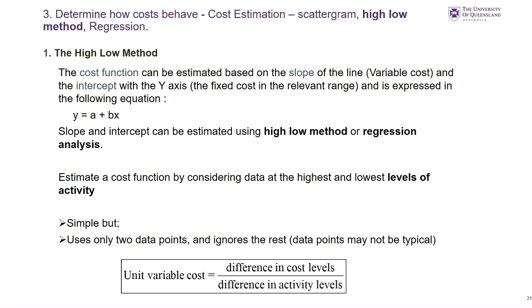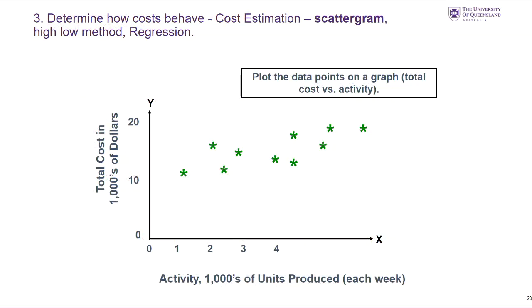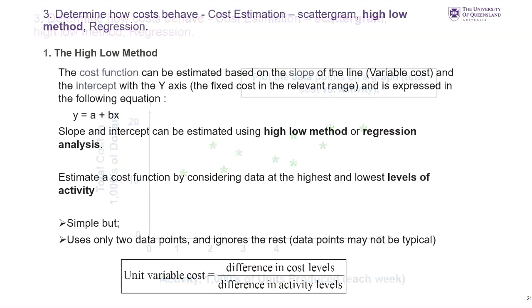So we're going to consider only two of those data points. From our scattergram, we're going to consider the data point associated with the lowest level of activity and the highest level of activity. Don't be confused and choose the highest and lowest level of cost. It's the highest and lowest level of activity. They're the two data points you're going to use to estimate your cost function.